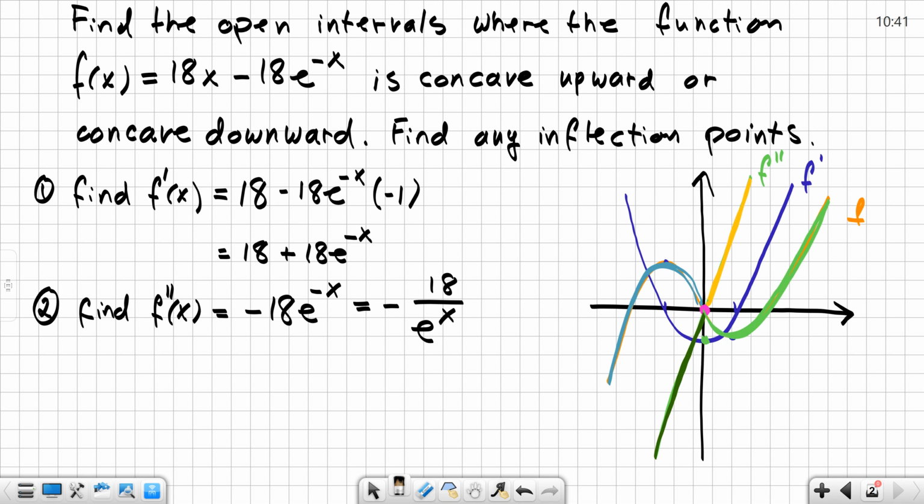Now, where this second derivative would be either 0 or undefined, I would have found possible inflection points. But when I'm looking at e to the negative x inside my denominator, this function is, first of all, never going to be equal to 0 and always going to be positive.